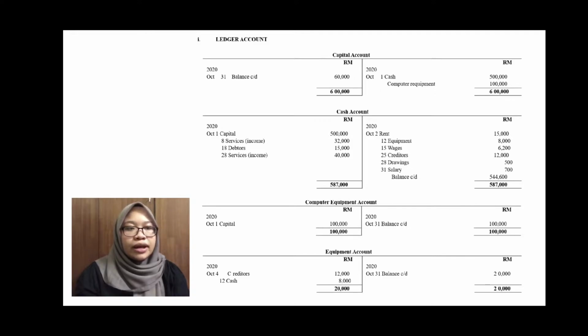In the computer equipment account, on 1 October for the capital, it becomes 1,000 ringgit, and the balance on 31 October is also 100,000 ringgit. For the equipment account, October is for creditor, 20 October for the cash, and it becomes 20,000 ringgit, and the October balance on 31 is also 20,000 ringgit.